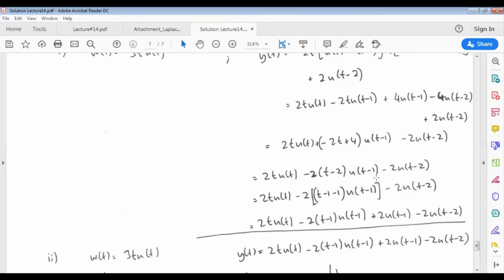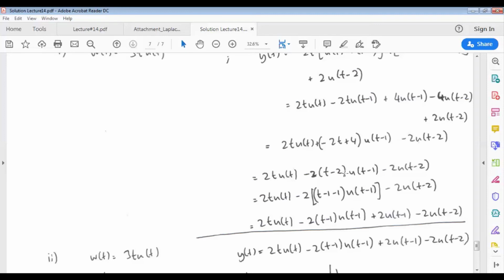Please be careful with the second term here. These equations will be meaningful if the ramp shifting constant and the step function shifting constant are the same. That will be useful.